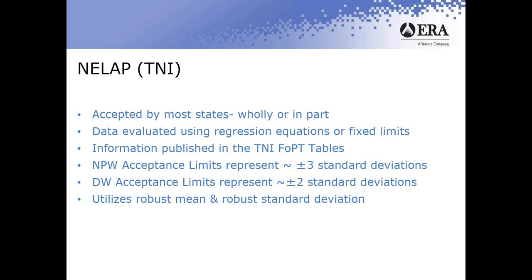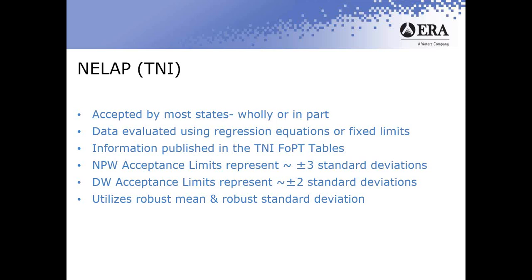If you'd like more information on that, the T&I website on the FOPT tables, they have all of that information. It'll allow you to determine how is my analyte that I'm reporting assessed and evaluated. That all exists in the FOPT tables for drinking water, for non-potable water, for solid chemical materials.